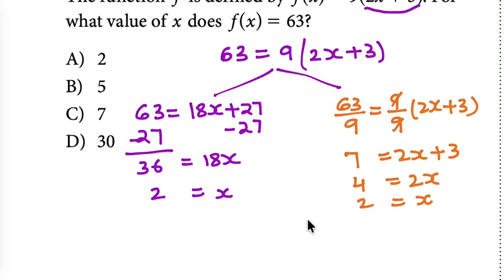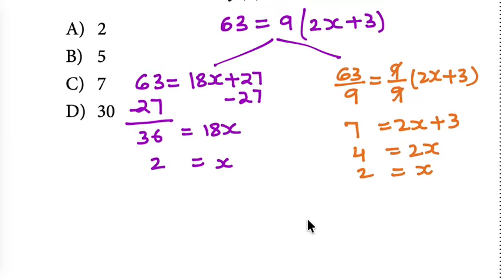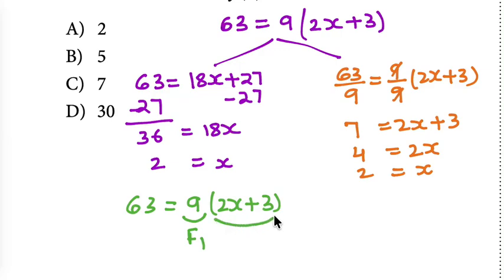Let me tell you why and what point you should consider while doing this. If I have 63 is equal to 9(2x + 3), the right hand side has two factors. The first factor is 9 and the second factor is this whole thing, right?